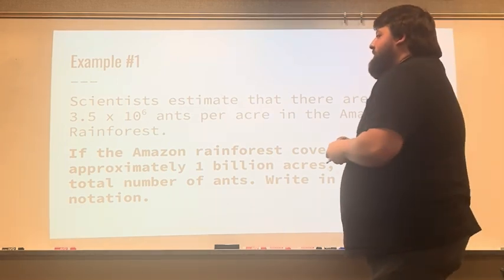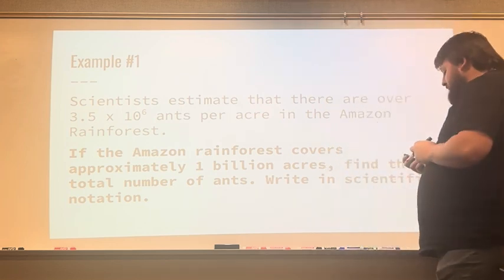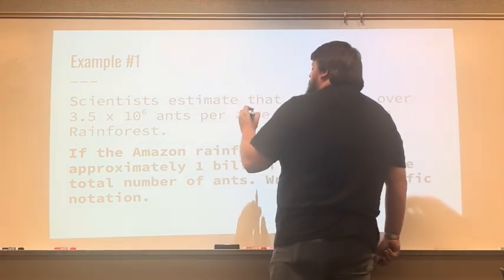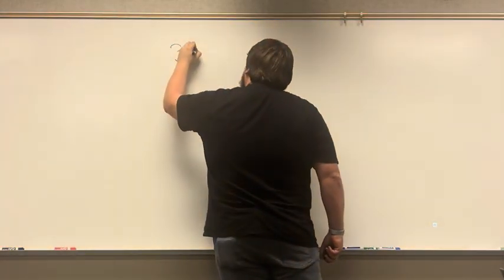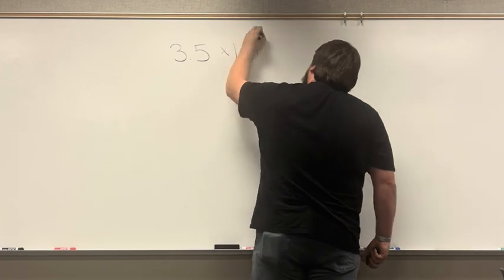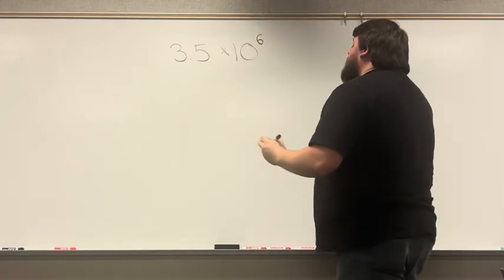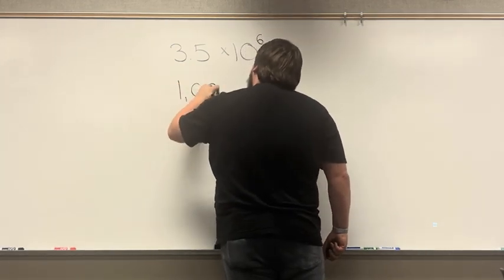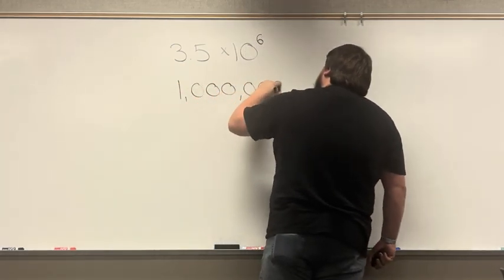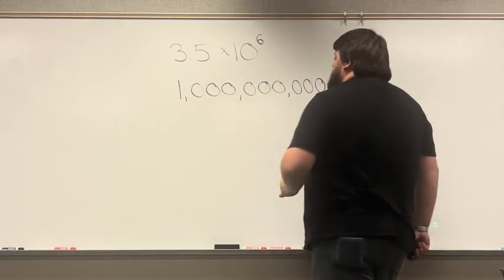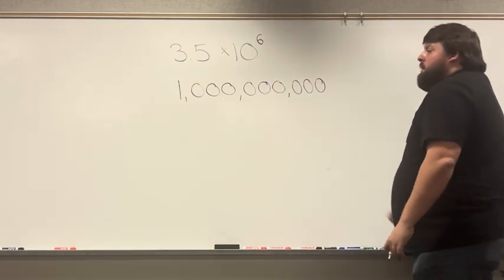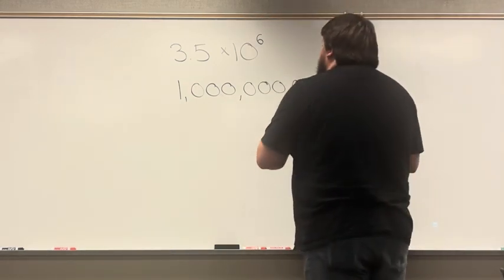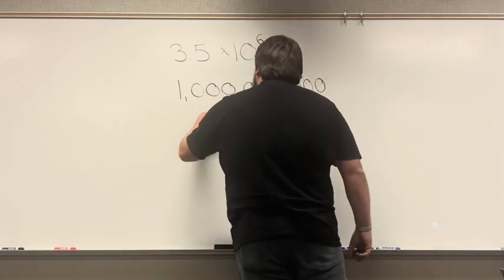So here's what we have. If I have 3.5 times 10 to the 6th ants per acre, and I have 1 billion acres, what I'm going to want to do is convert 1 billion into scientific notation.